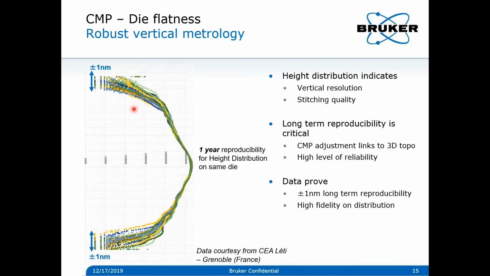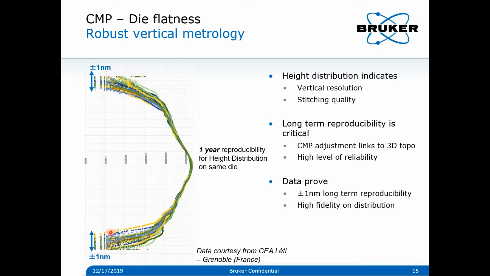To prove that, courtesy of the CLAT, the same golden die has been stitched post CMP, so it's the same die all over the year, and all the height distribution has been plotted. Vertically, you have the height level. Horizontally, you have the number of points which have this height level, plotted on a logarithmic scale to better understand what's going on.